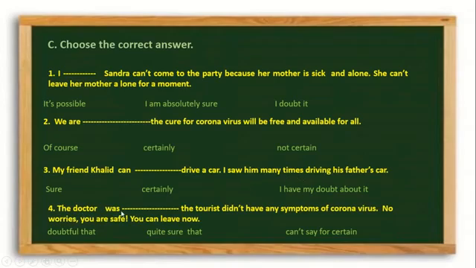The doctor was doubtful that, quite sure that, can't say for certain. The doctor was, the tourist didn't have any symptoms of coronavirus. No worries, you are safe, you can leave now, the doctor says to the tourist.